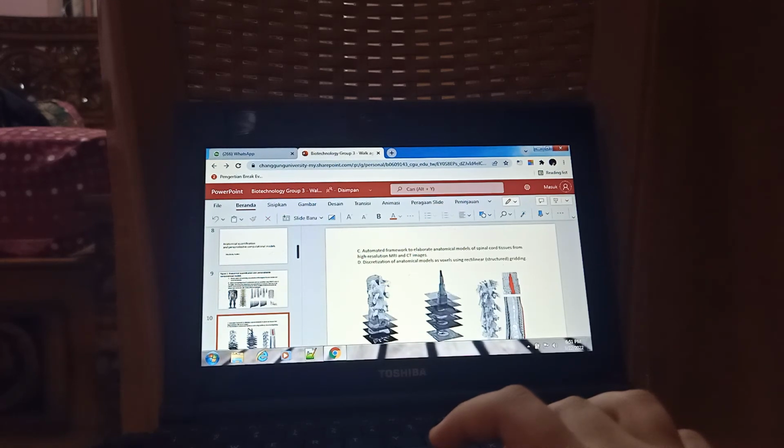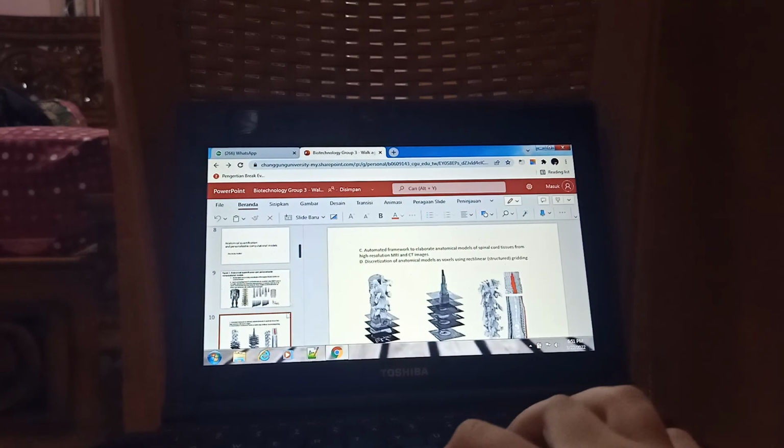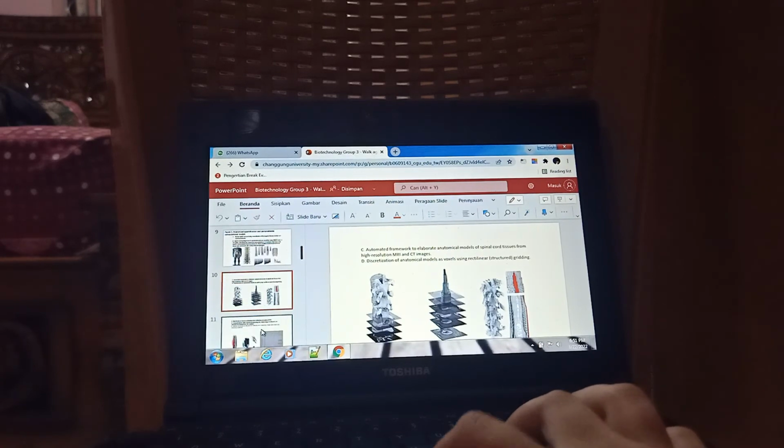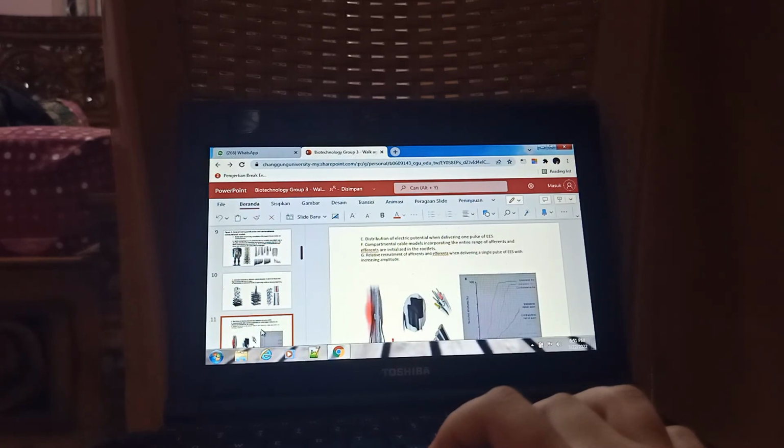population of efferent fibers, figure 1F.